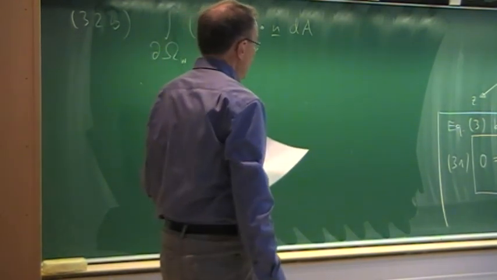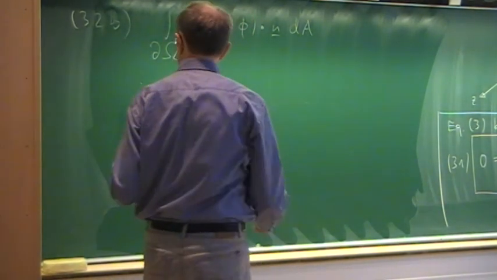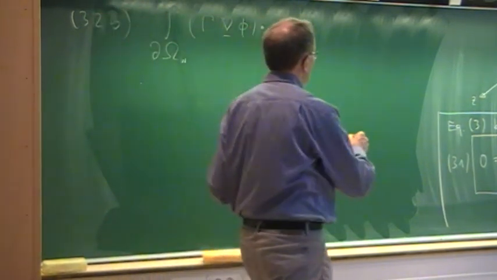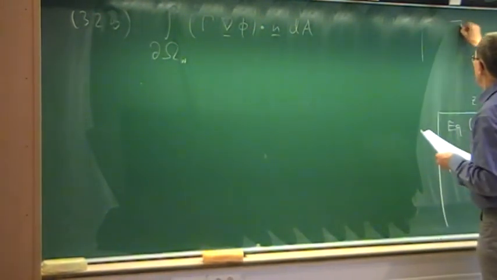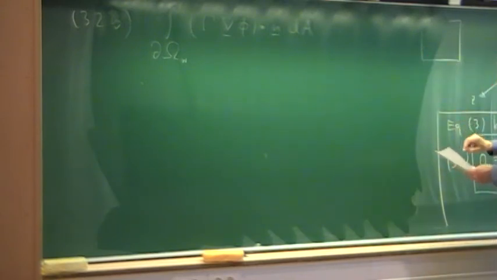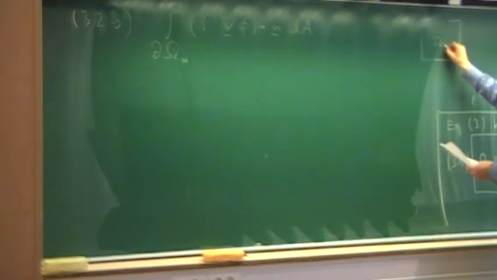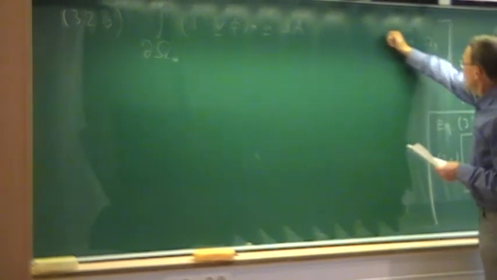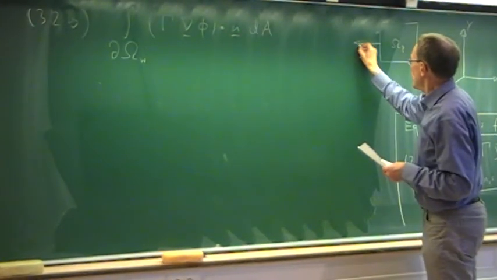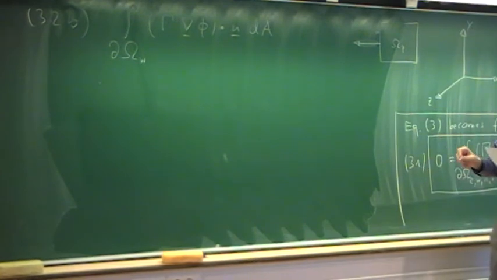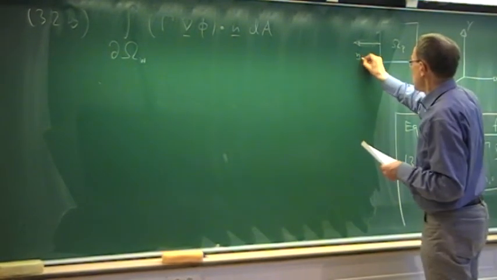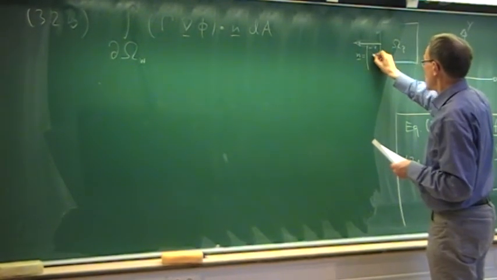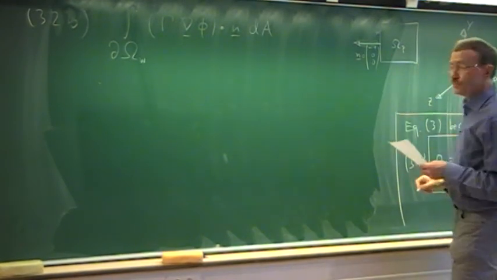Now, where are we here? Here we are at this face. So this is omega p, this is w. What is the outer unit normal vector n? It is now pointing in the negative x direction. So n is now minus 1, 0, 0.